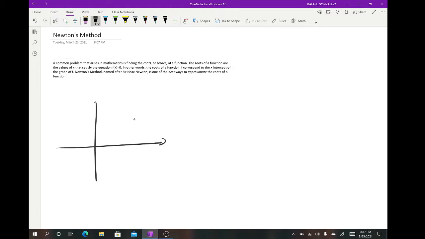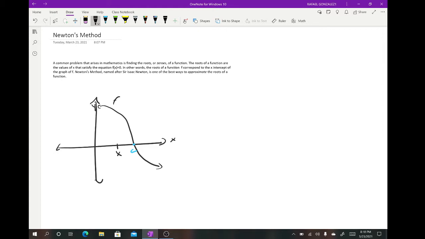So just to illustrate what this problem is like, we have a function f like this, right? Clearly f has a 0 at this point. Let's call it c. Well, if I wanted to approximate or find the value of c, I will start by first picking a point that's close to c.